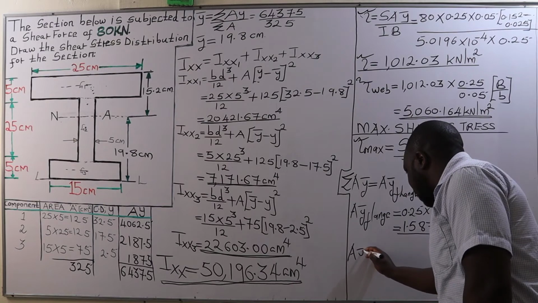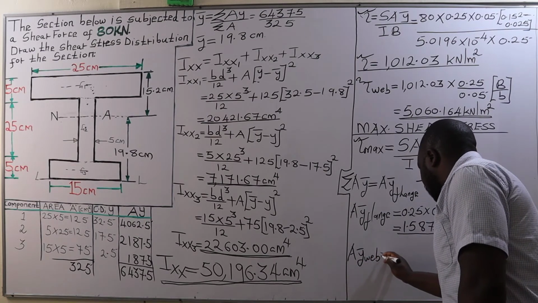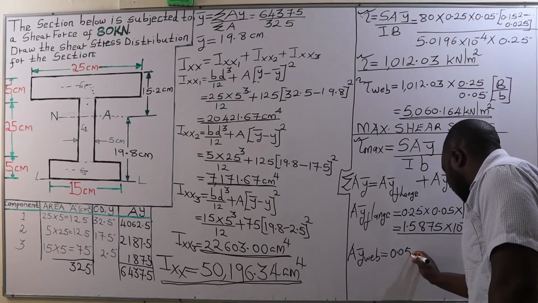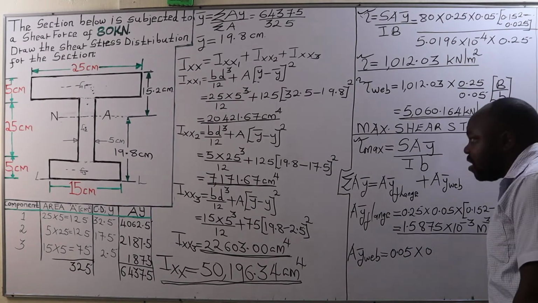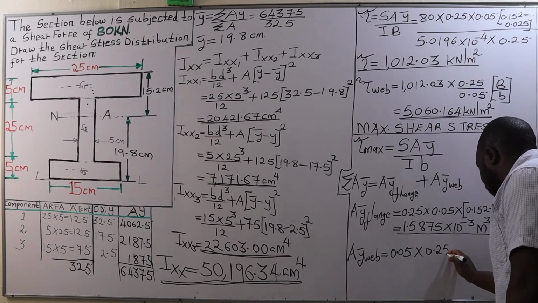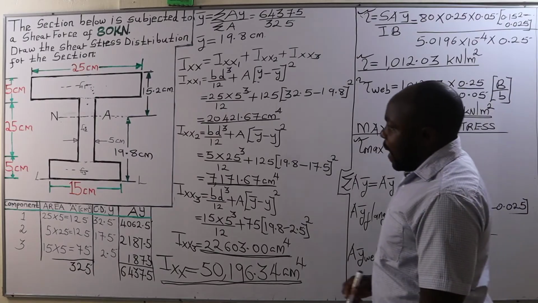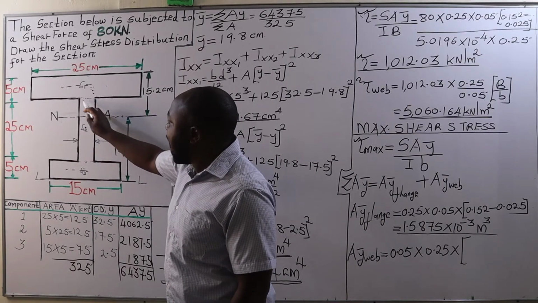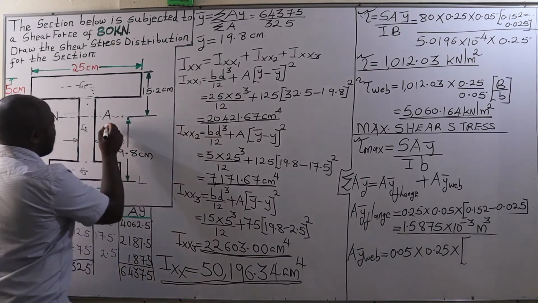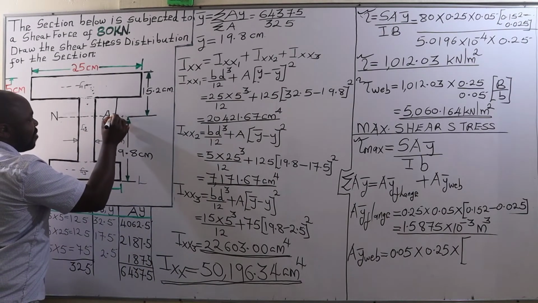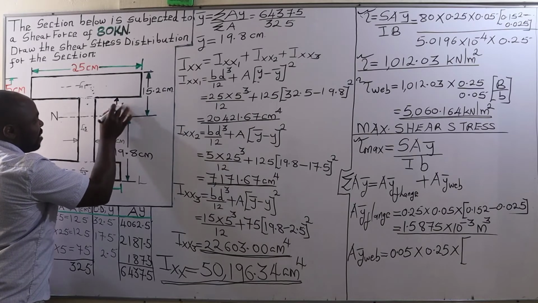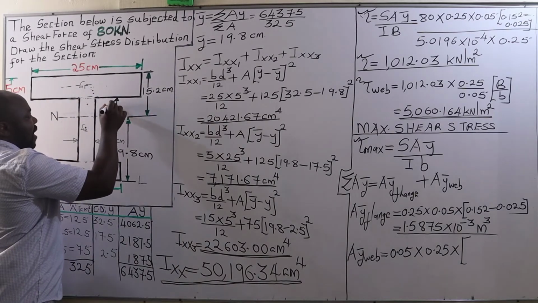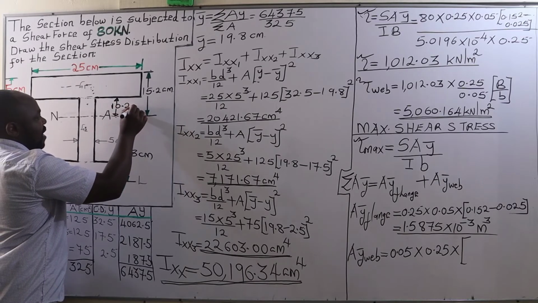On the other hand, A bar Y for the web will be given by the area of the web, that is the breadth 0.05 multiplied by its depth 0.25 times bar Y. Now, for the web, we are considering this section between the neutral axis and the junction, and the depth of this web section above the neutral axis is going to be given by 15.2 minus 5, which in this case is 10.2 centimeters.